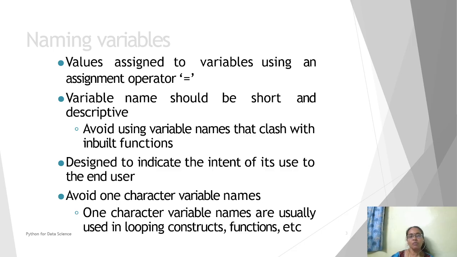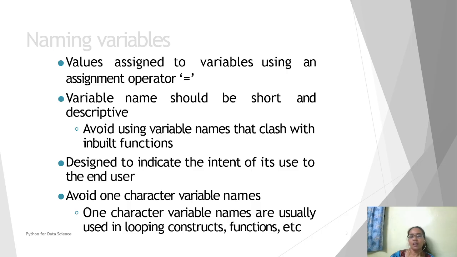Naming variables means we assign values to the variable using the assignment operator. For a equal to 10, the value 10 is assigned to the variable a. The value is 10 and the variable name is a. The variable name should be short and descriptive.